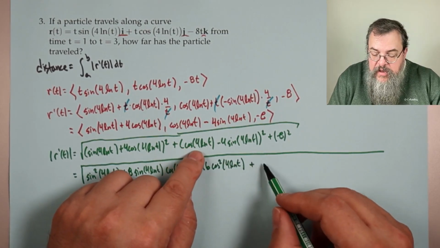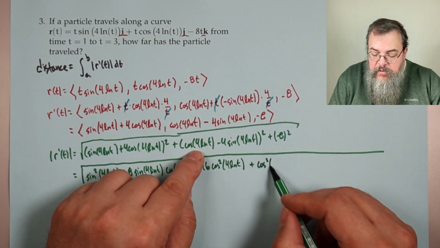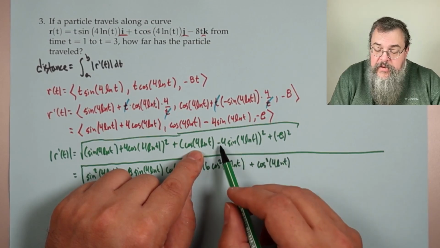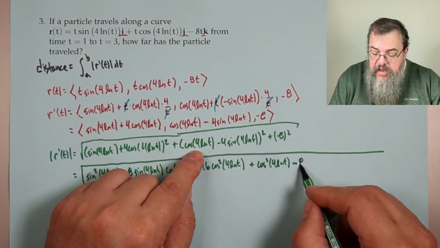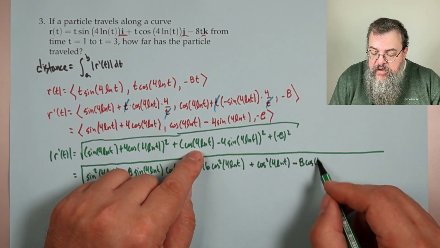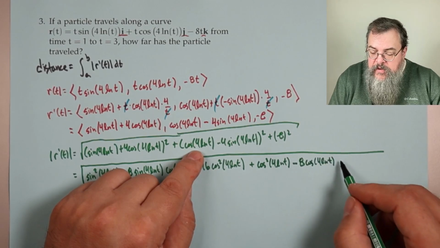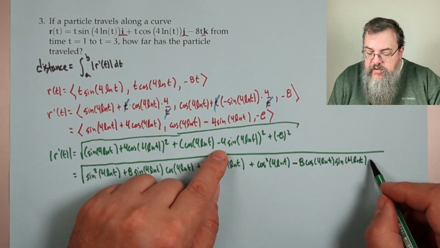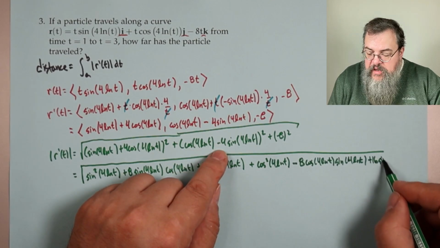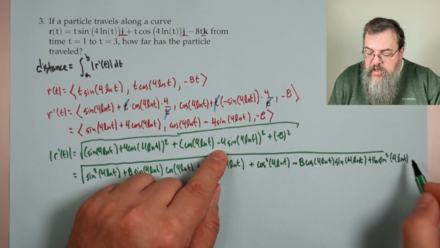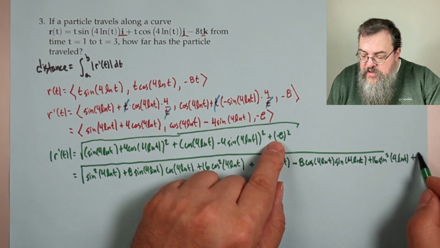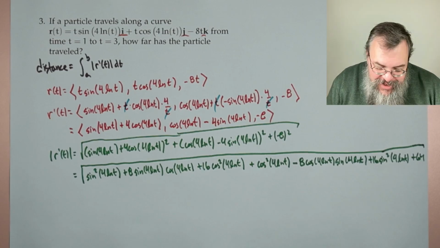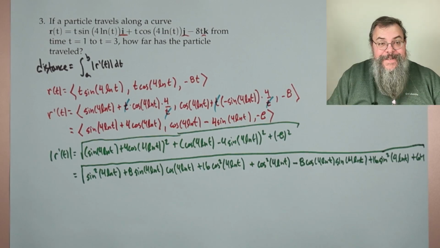Plus, okay, similar thing here, cosine squared 4 log t, cross terms. So because of the minus, it'll be a minus 8 cosine 4 log t sine 4 log t plus 16 sine squared 4 log t plus 64. Okay. Oh, we barely fit it on the page, but we did fit.